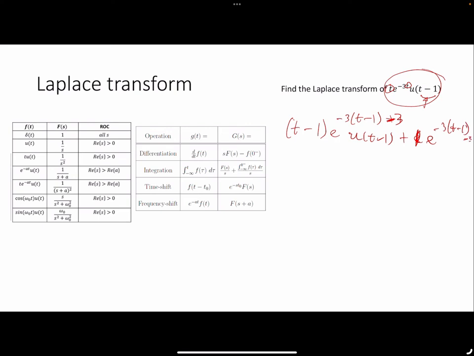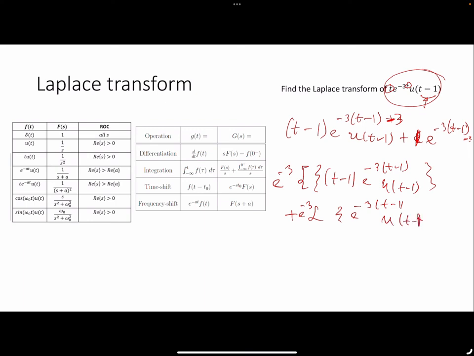So then you're going to get that this is just e to the negative 3 times the Laplace transform of t minus 1 e to the negative 3 t minus 1 u of t minus 1, and then plus the Laplace transform of e to the negative 3 t minus 1 u of t minus 1.